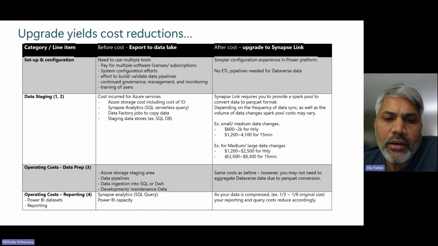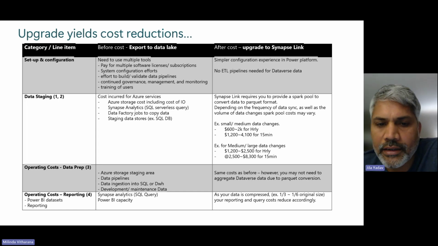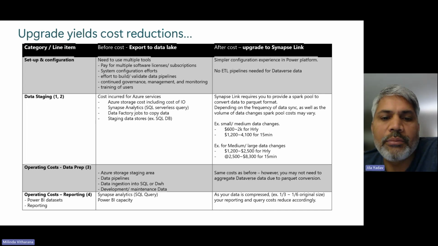The upfront cost which you incur on the Spark Delta conversion, we put some ballpark numbers here. The Spark cost depends on the frequency of the Delta conversions you are doing, as well as the amount of changes which is happening in your environment.